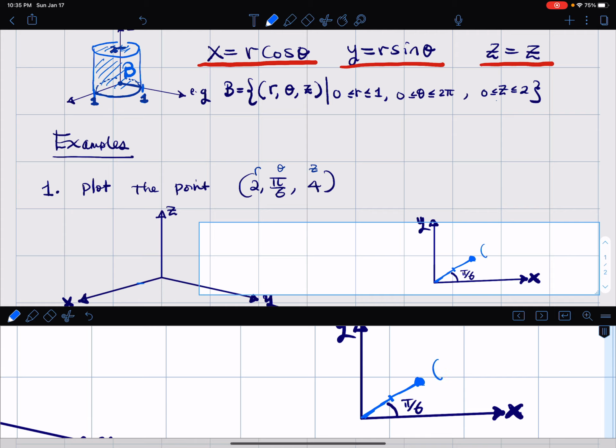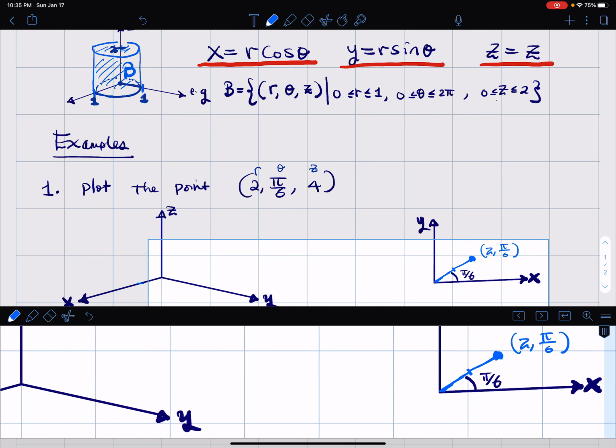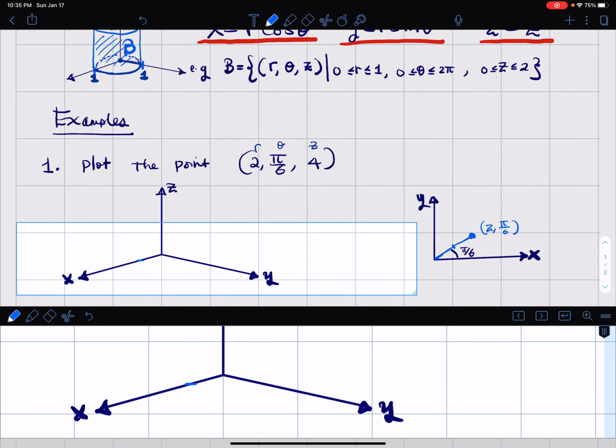This point already is (2, pi over 6). So all we have to do now is come over here and plot (2, pi over 6) on the xy plane. So this is what we already have: 1 unit, 2 units. Not too perfect, but that's okay. This is pi over 6, this angle, and this point is 2. Now we have to move it up 4 units.